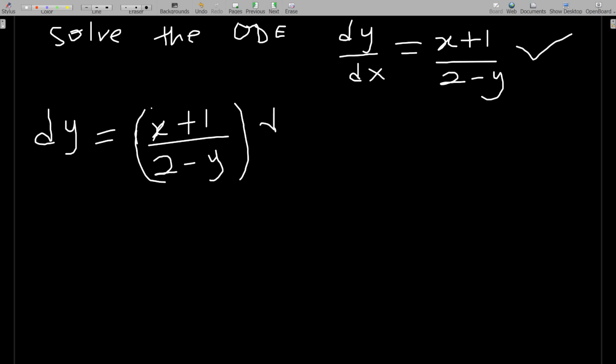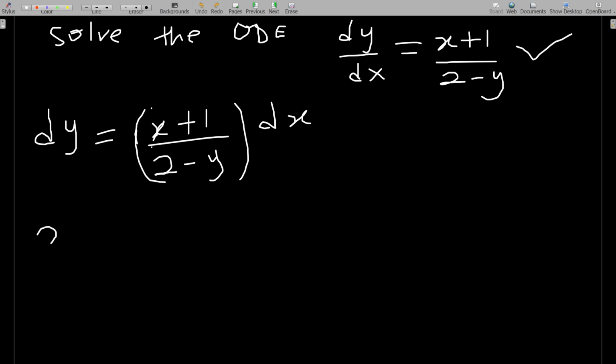Okay, I want to make sure that I have only y and x steps, and then the dy and the dx steps at one place. Now here there's still y on the right side of the equation. We don't want to see y here. We want to see only x in these functions. So what you can do is take the denominator, which is 2 minus y, and multiply through the whole equation.